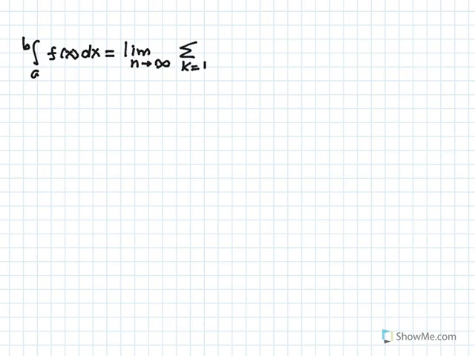All right, so our goal is to rewrite the definite integral from a to b of f of x dx as the limit as n approaches infinity of the sum, k goes from 1 to n, of f of a plus k times b minus a over n, times b minus a over n.